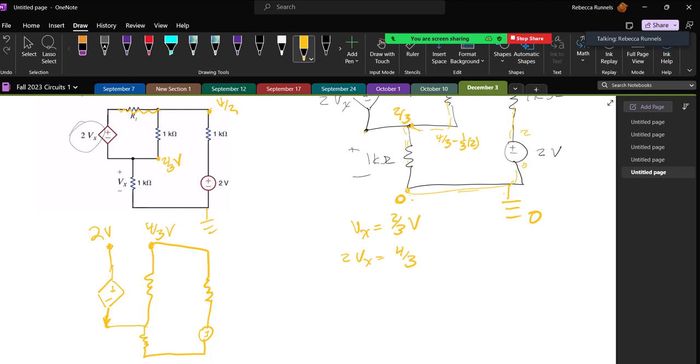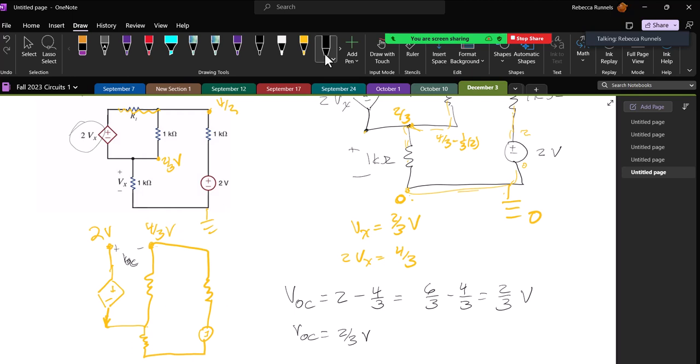V open circuit is the voltage difference across those two places. So V open circuit is 2 minus 4/3, or 6/3 minus 4/3, or 2/3 volts. So V open circuit is 2/3 volts. So I've done half of my Thevenin equivalent.